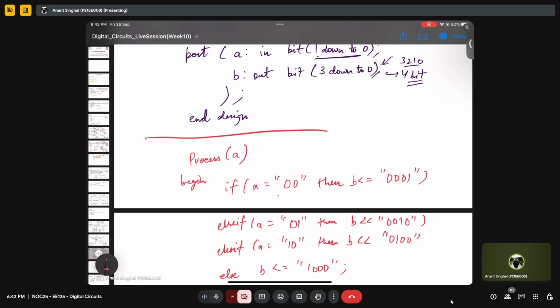And I ask again, are you able to understand the problem? Because this should not take time. If you're able to understand the circuit, then it should not take time.